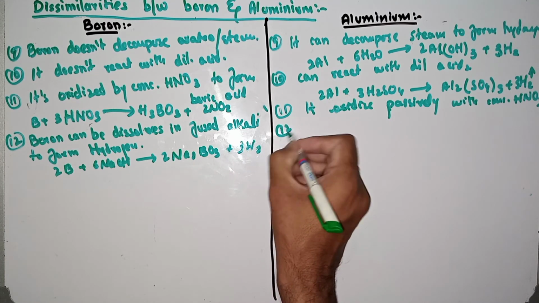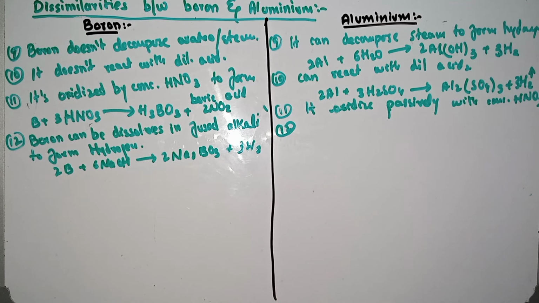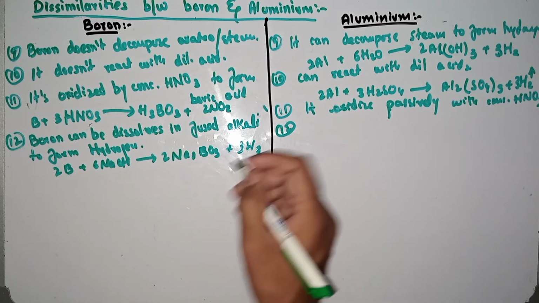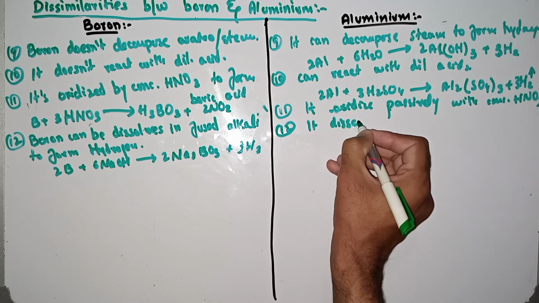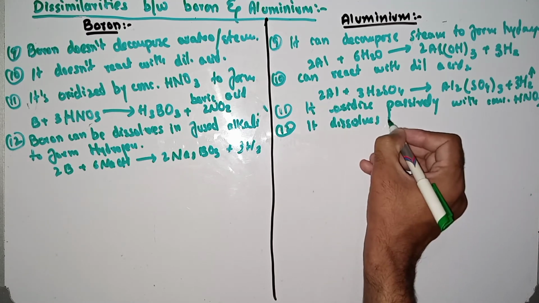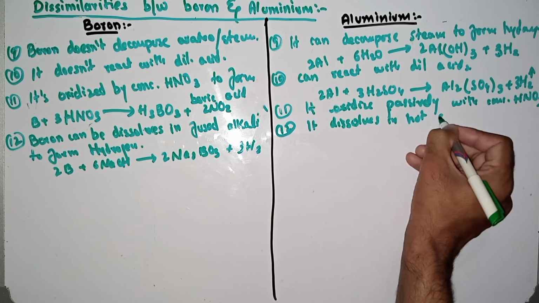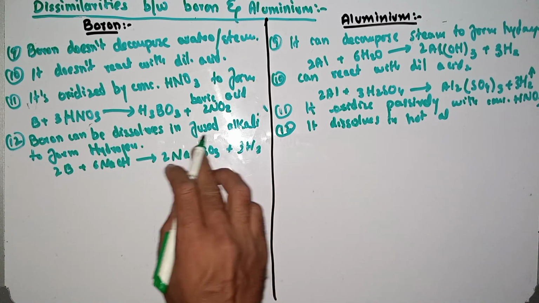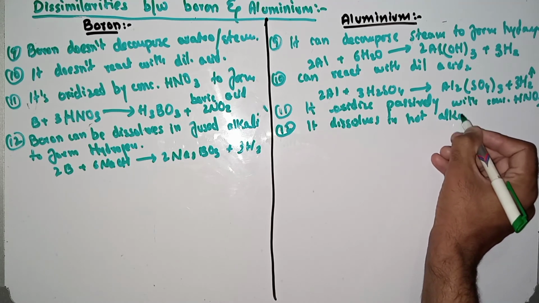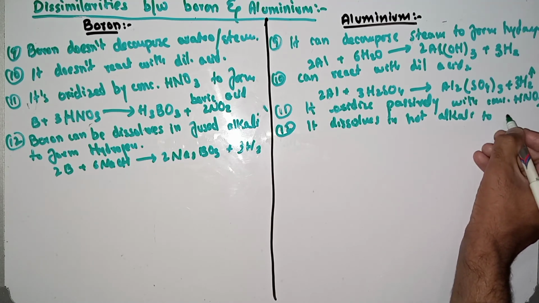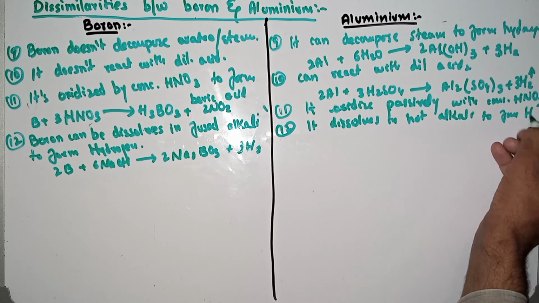While aluminum dissolves in hot alkali to form hydrogen. Boron can be dissolved in fused alkali, while aluminum can be dissolved in hot alkali to form hydrogen.